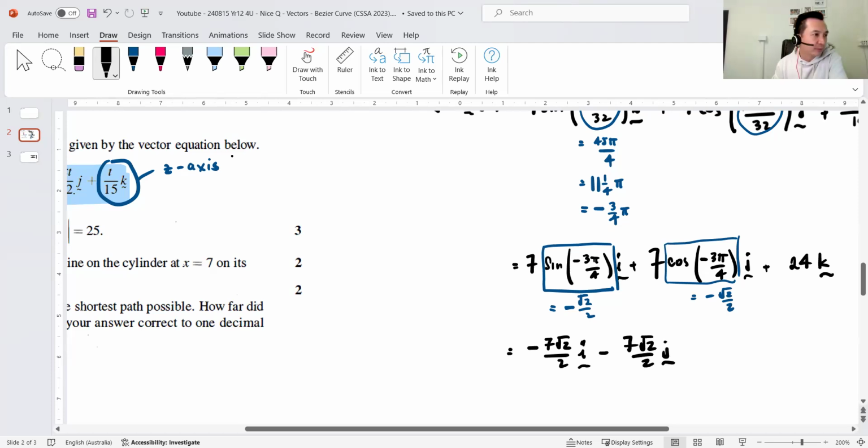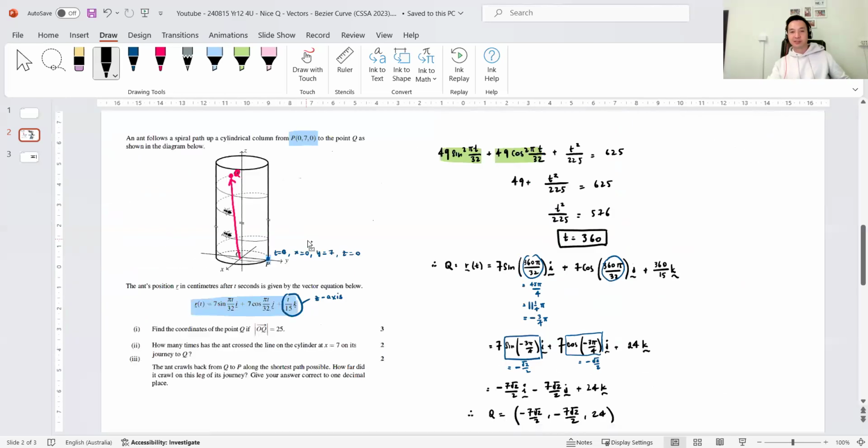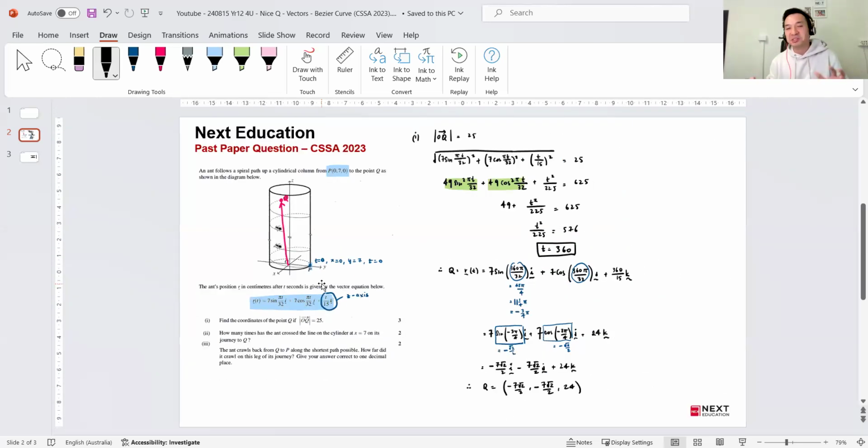Let me make sure that's right. Yep. And then plus 24. So therefore, Q has the coordinates negative 7 root 2 on 2, negative 7 root 2 on 2, 24. Let me check that quickly. Amazing. Guys, that wasn't straightforward, right?